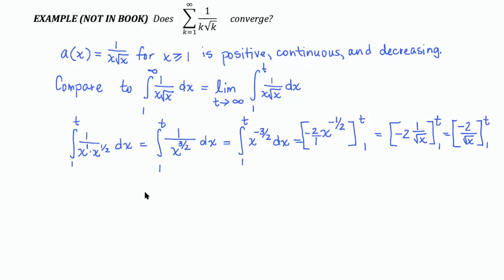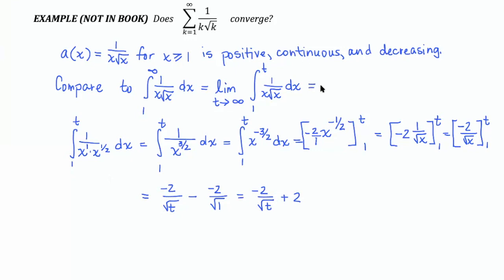Next, we apply our fundamental theorem of calculus. So we have negative 2 over the square root of t minus negative 2 over square root of 1. And with a little bit more cleanup, we're left with the expression negative 2 over square root of t plus 2.